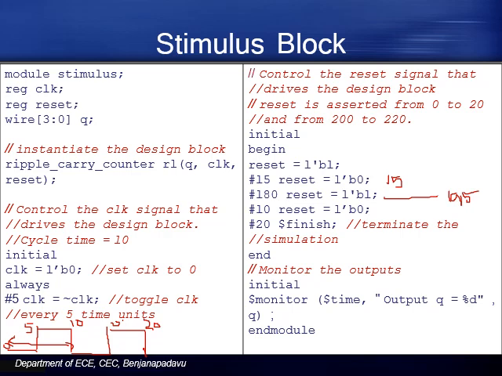From this point, the next line says after 10 time units, that is 195 plus 10, that is at 205 time units, the reset will become 0 again. And after 20 time units, that means from 205 plus 20, that is 225 time units, the simulation will stop.